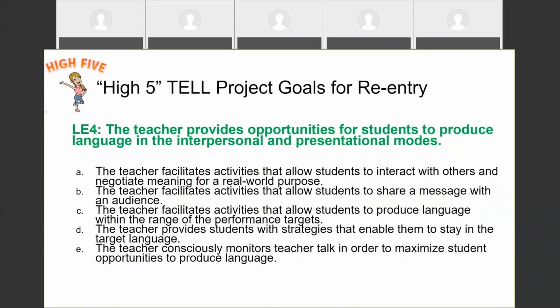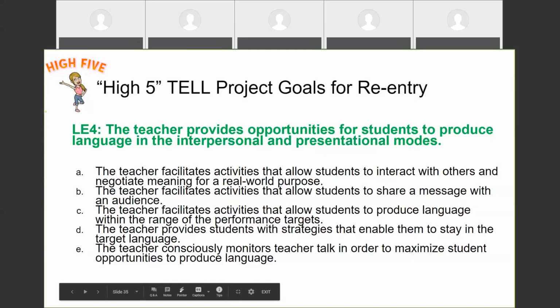So this afternoon, I will be speaking to you around the presentational mode of communication with LE4 and the teacher providing opportunities for students to produce language in the interpersonal and presentational modes.